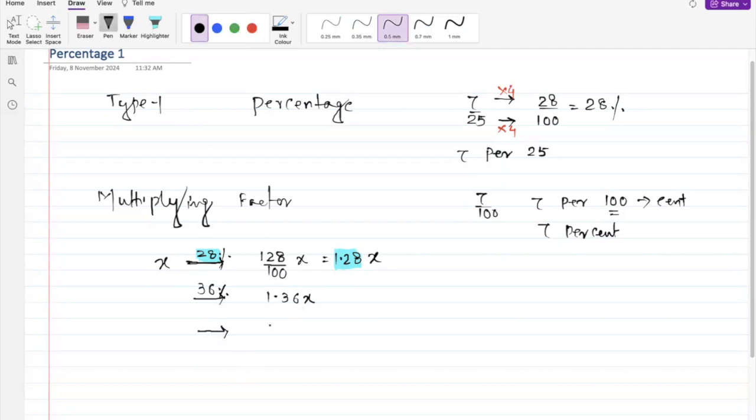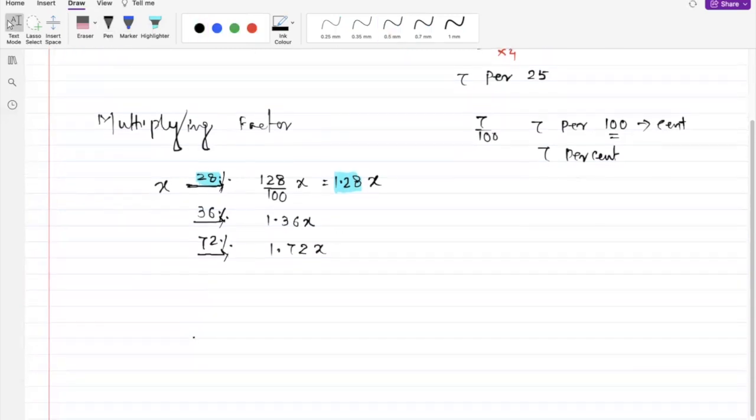On the contrary, if I say x has increased by some percentage and become 1.72x, that means it has increased by 72%. So that is what the multiplying factor means. It is easier to calculate that way.